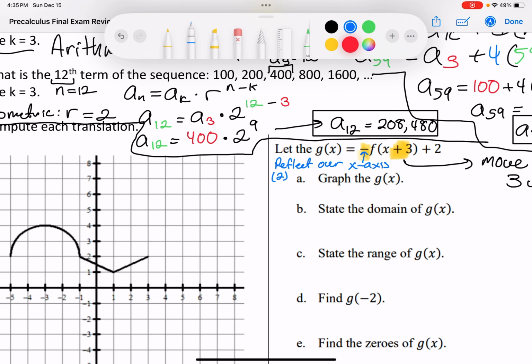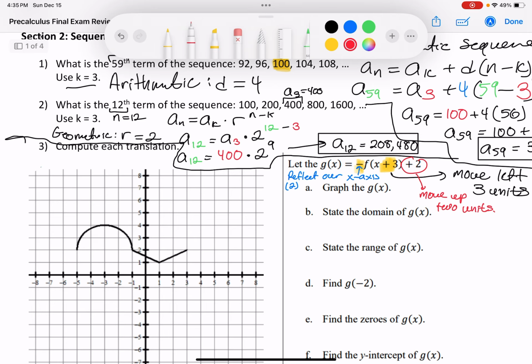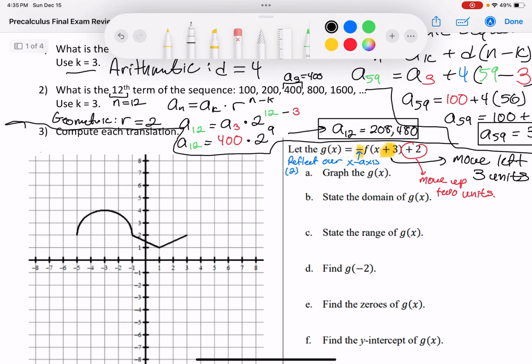And the last one is going to be number 3, shift up 2 units. So move up 2 units. So those are our 3 translations.